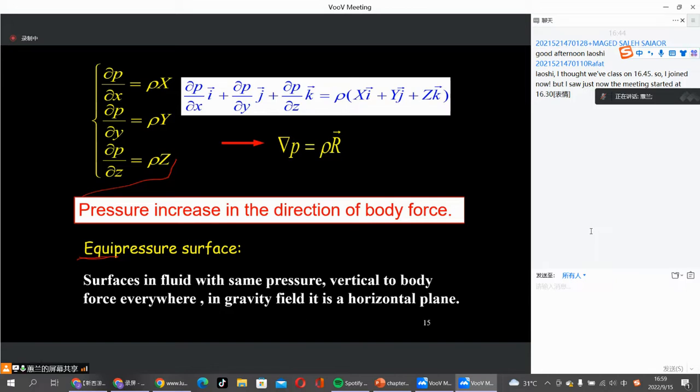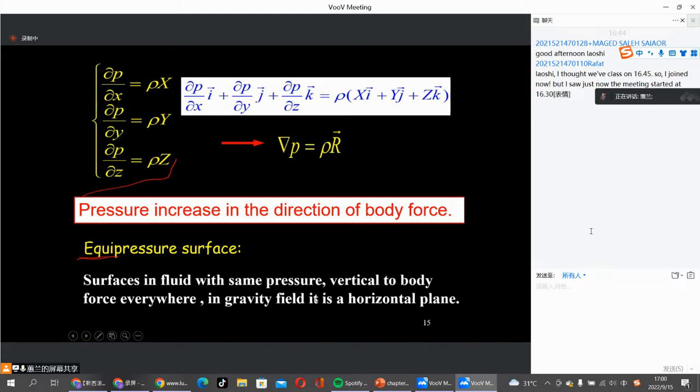An equal pressure surface will always be vertical to the body force. Why will it always be vertical to the body force? Because here we say it's due to the body force that the pressure changes in space. If there is no body force, there will be no pressure change.